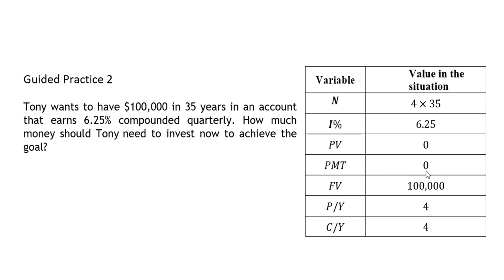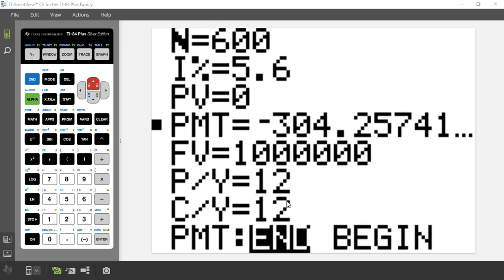PMT we don't know, so put the 0. Future value, that will be $100,000. This is the money you will receive. Therefore, this is a positive. For P/Y and C/Y, both are 4 because it's compounded quarterly.